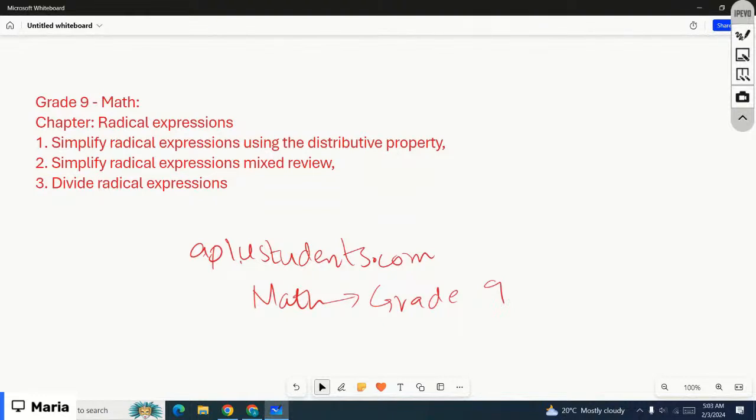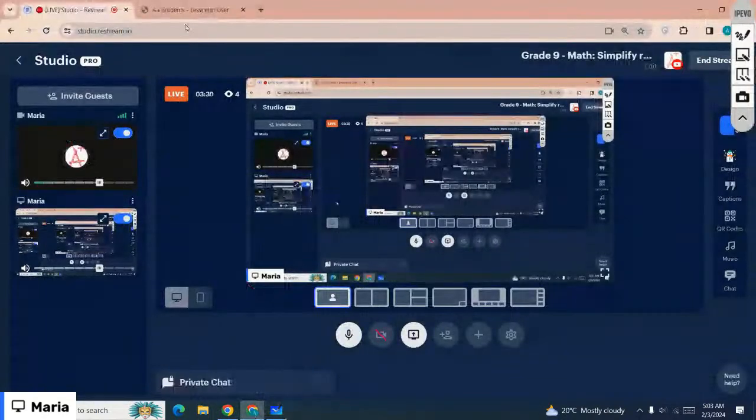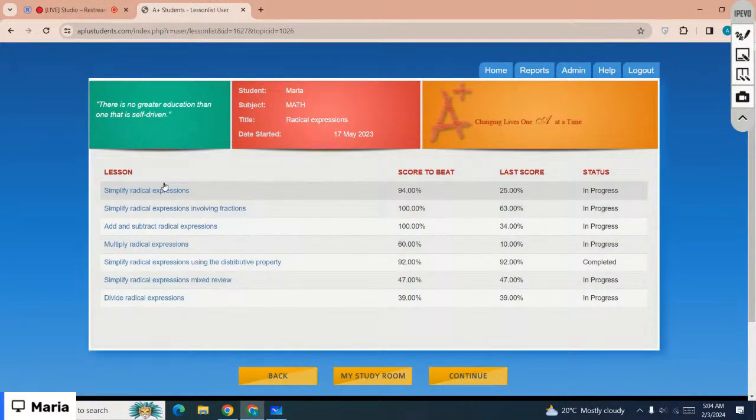So please make sure before the next session you have your notebook and pencil so that you can note down the important examples and definitions as well. Let's start with the first lesson, simplify radical expressions using the distributive property.